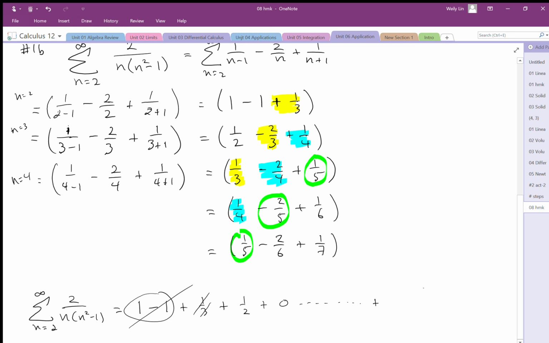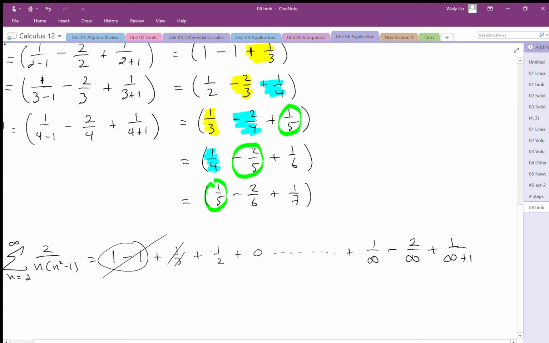So when everything cancels out, we're going to be left with 1 over infinity minus 2 over infinity plus 1 over infinity plus 1. So that's what the end of the thing looks like. Everything in between, from here all the way to the last three terms, is going to have a sum of 0.